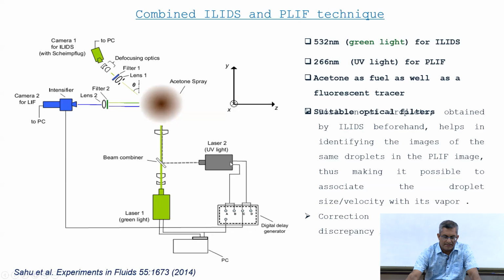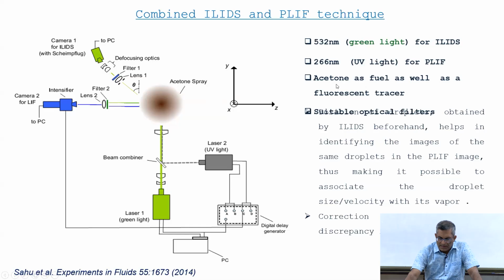One is for eyelids and one for laser induced fluorescence or LIF technique. We are calling it planar laser induced fluorescence technique because here we create a laser sheet which is combined with the laser sheet from the green laser. The 532 nanometer or green light is used for eyelids, while 266 nanometer or UV light is used for LIF.